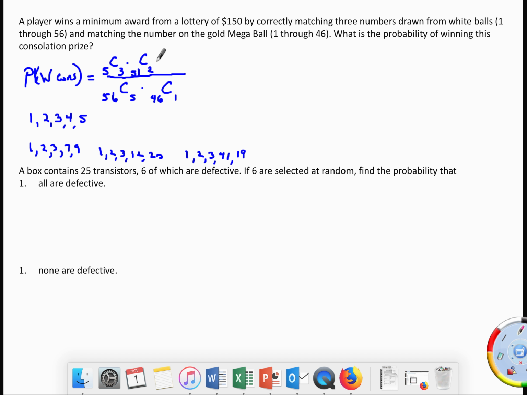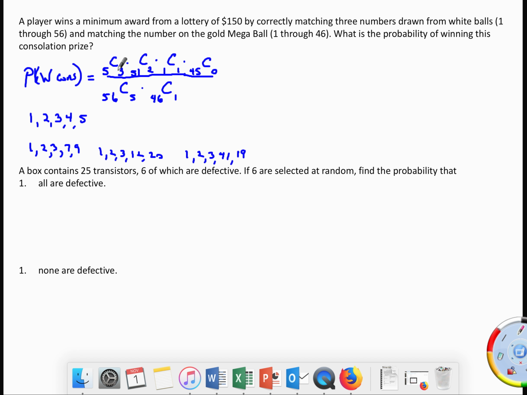So I'm going to do the same thing with the mega ball. There's 1 winning mega ball, so it says you chose that one. But technically, now this is 1 and the other one's 1, so we kind of really didn't have to put it, but just to match our format, that means there's 45 losing gold balls, and you didn't choose any. Right? So this is what I wanted to be clear about on all our other examples.